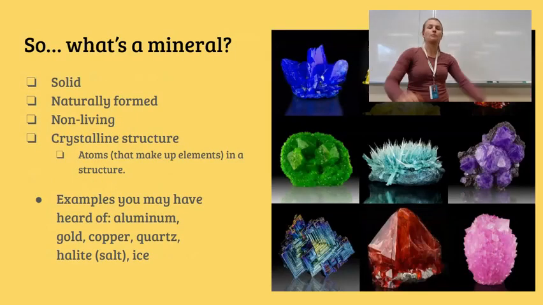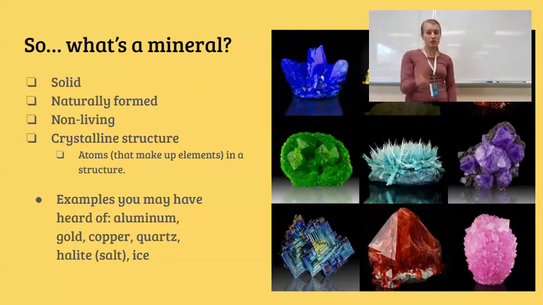Okay, so what is a mineral? Similar to being a planet, a mineral also has to check all the boxes off. If it doesn't check off one of the boxes, then it doesn't get to be called a mineral. A mineral has to be solid. It has to be naturally formed, which means we can't be making it in a lab. It has to be non-living and have come from something that was non-living.